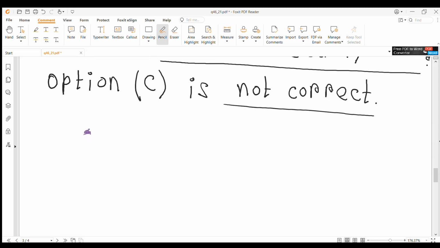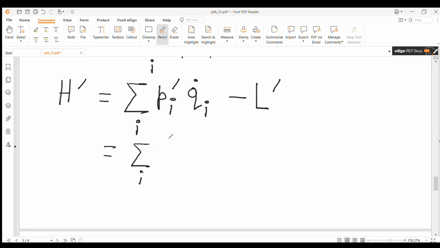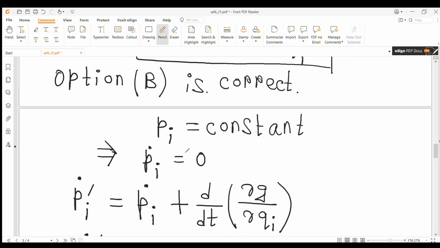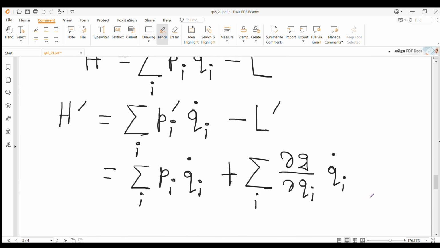Now the Hamiltonian H is equal to sum over i p_i into q_i dot minus L, and H prime is equal to sum over i p_i prime into q_i dot minus L prime. Here p_i prime is equal to p_i plus ∂g/∂q_i, and L prime is equal to L plus dg/dt.